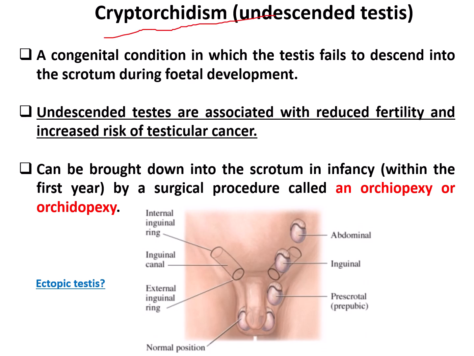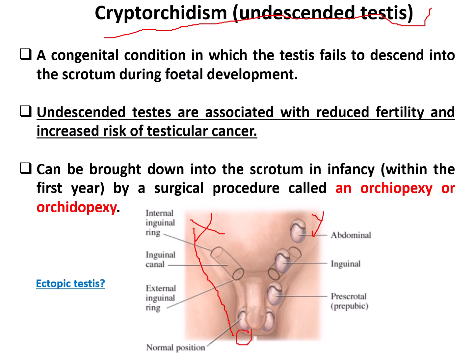Cryptorchidism is a disease resulting from failure of descent of the testis to the scrotum. As you know, the testis is an abdominal organ, and during embryonic development, it descends downward to the scrotum.